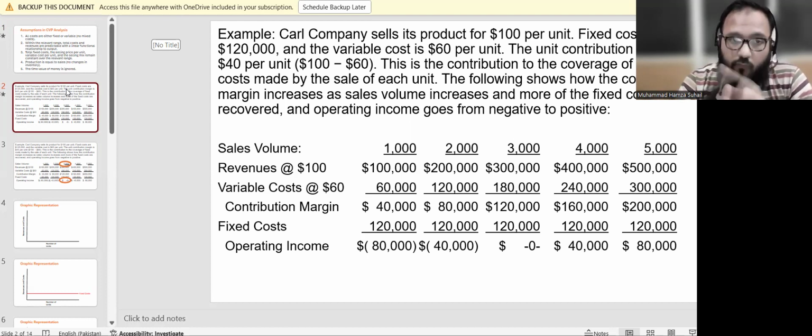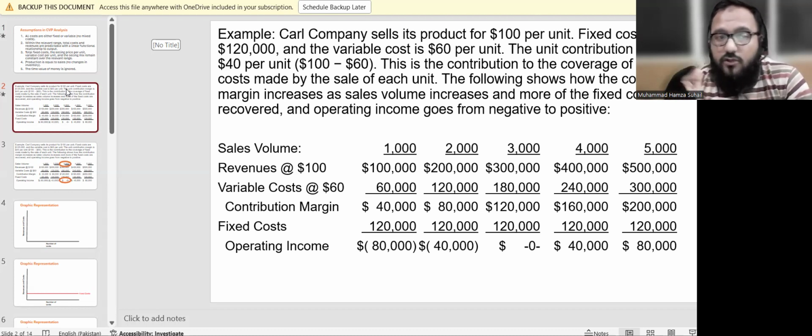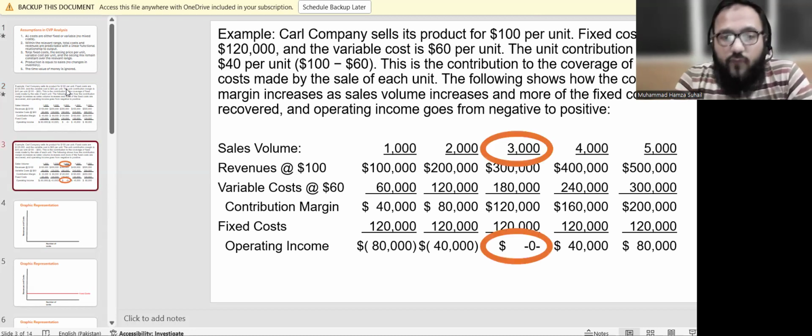However, when we increase the sale volume, what happened? The total contribution started to increase. And this increase led to a time when from bearing loss, we started to make a profit. And when did this happen? You can see that when we started to sell 3,000 units, there was a situation where there was no profit and no loss.